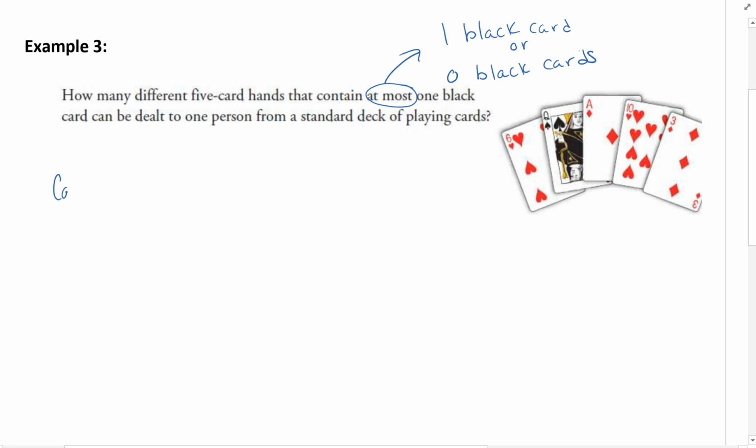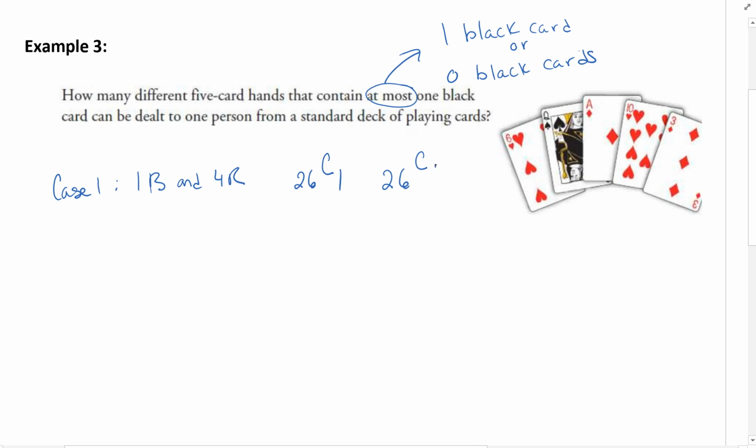So let's take a look at case 1. If we have one black card and 4 red cards, how many black cards are there in a deck of cards? 26. But we only want 1. And then how many red cards do we have in a deck of cards? 26.